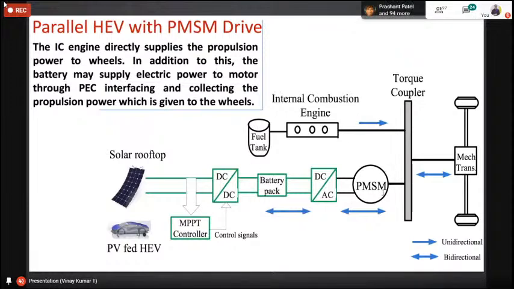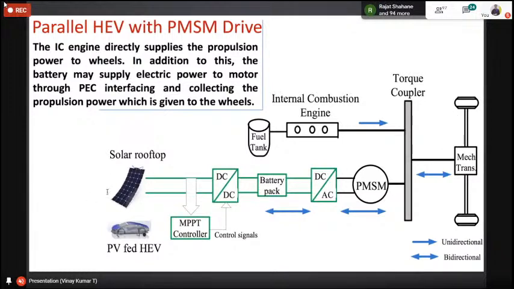Once the machine reaches steady state, only the fuel supply, only the IC engine is working. This part is discontinued. This circuit is isolated from the coupler, right? Once the machine is entering braking mode or deaccelerating mode, this path is disconnected or isolated from the coupler. Then whatever energy is stored in the wheel is fed back to the battery bank, right?